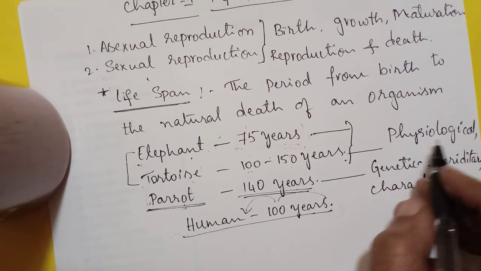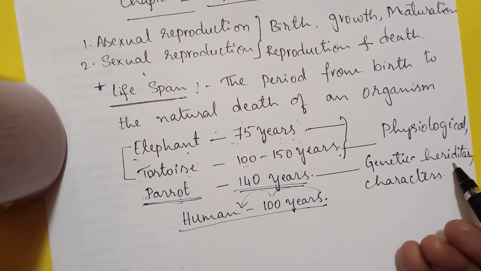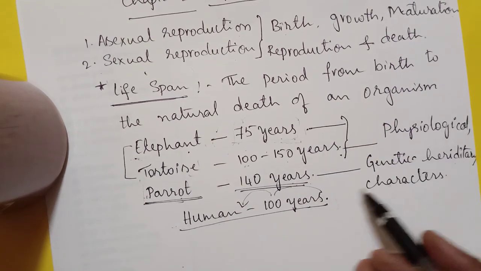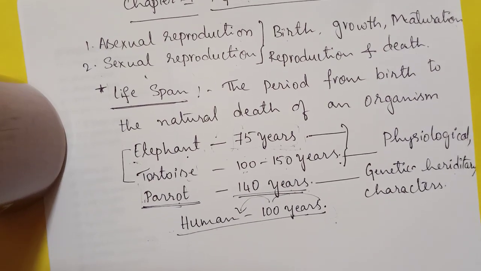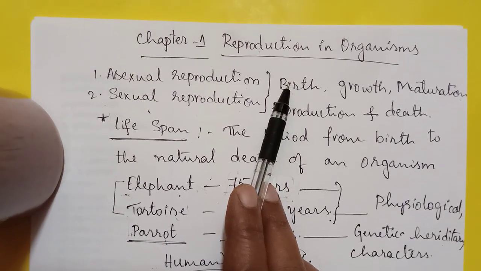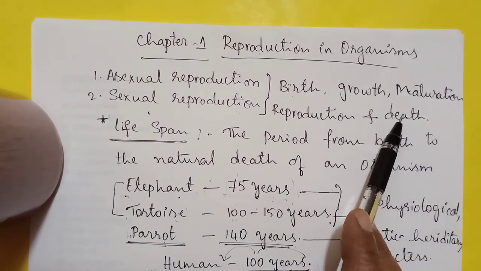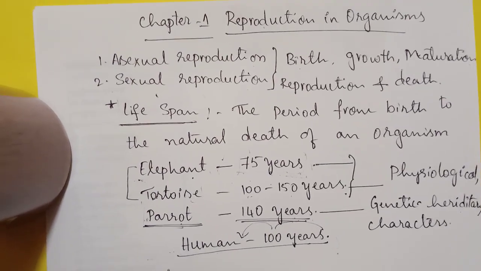So the physiological function of each individual and its genetic hereditary characters decide the lifespan of an individual. In that way, for all organisms on this earth, once they are born, they have to come across death. No organism on this earth is immortal.